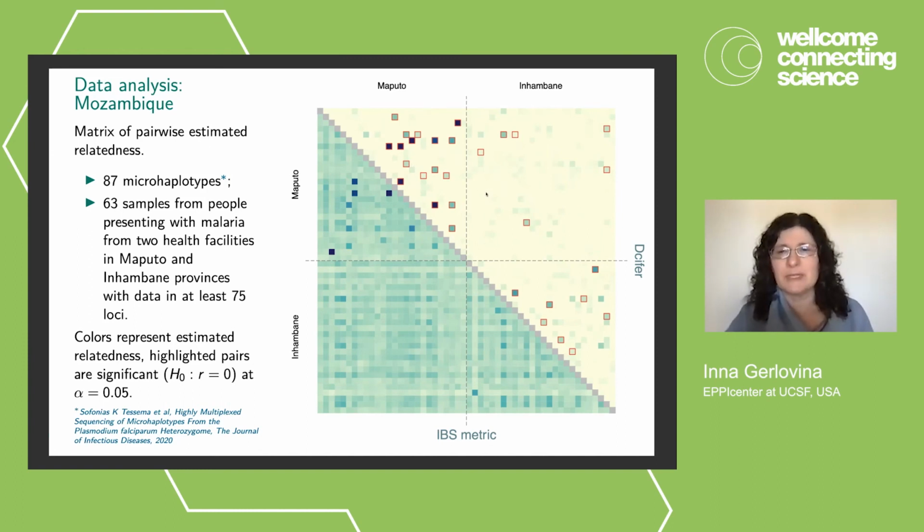The color represents the value of estimated R, ranging from 0 to 1, and the darker is 1. These are ones, I believe. And finally, the highlighting shows pairs that were determined significant, again, by this likelihood ratio based method.